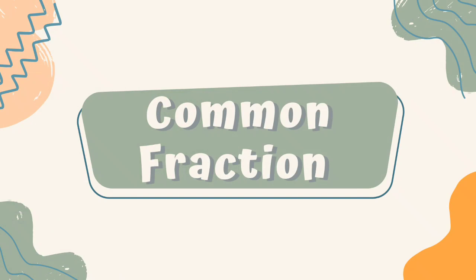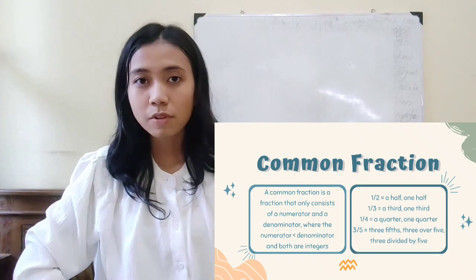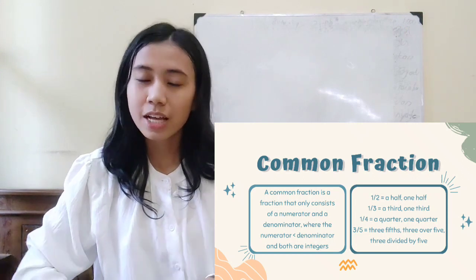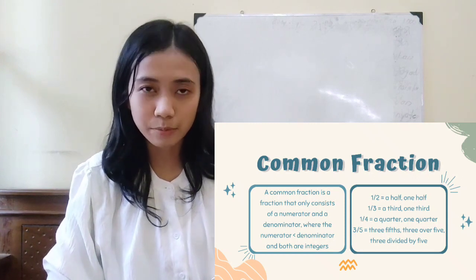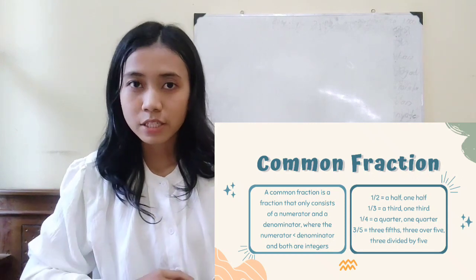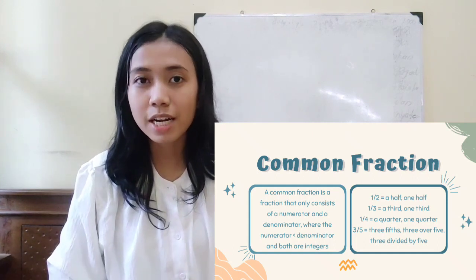There are three types of fraction: common fraction, decimal, and mixed fraction. The first is common fraction. A common fraction is a fraction that only consists of a numerator and a denominator, where the numerator is less than the denominator and both are integers.